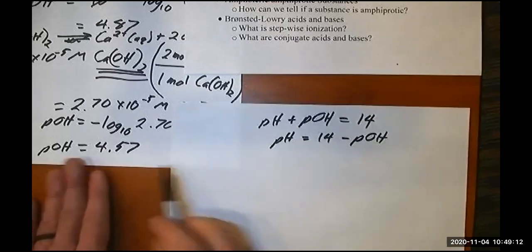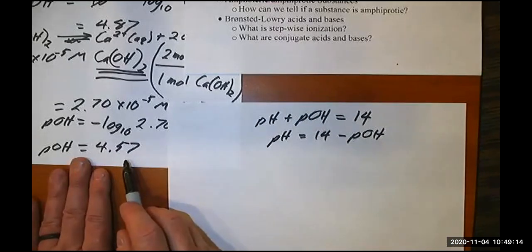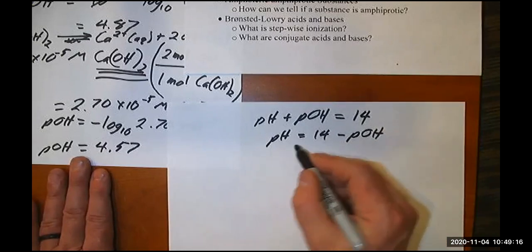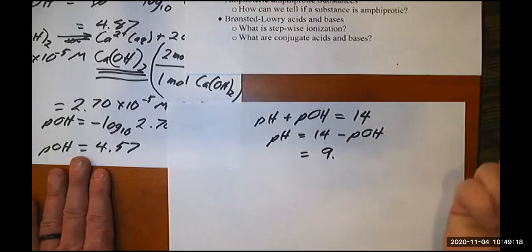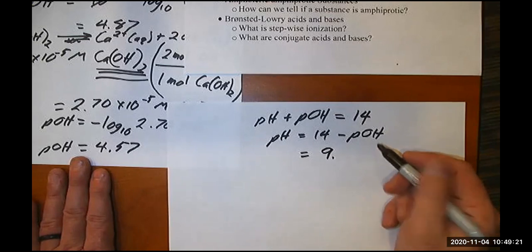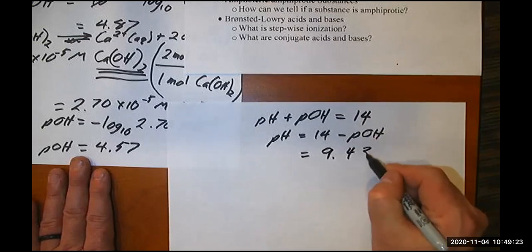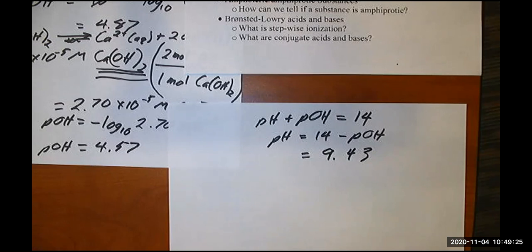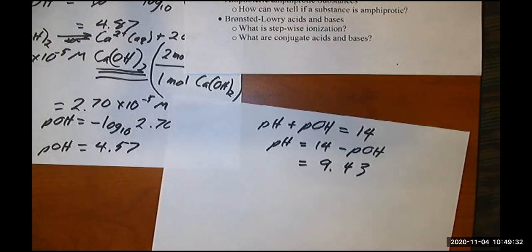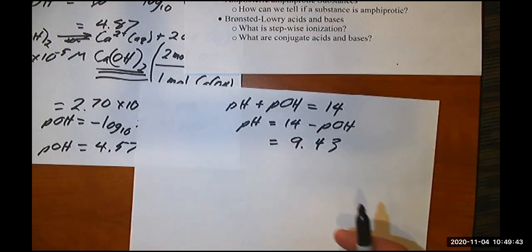And so then we take 14 minus this value, which is going to be 9.43, I believe, if I did the math in my head correctly. So it's not that you always subtract from 14 or you don't, it's that you keep track of what you calculated. If what you calculated was the pOH and it's asking for pH, yes, you subtract it from 14.